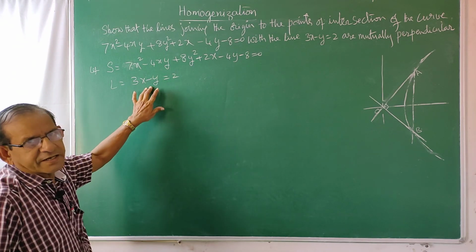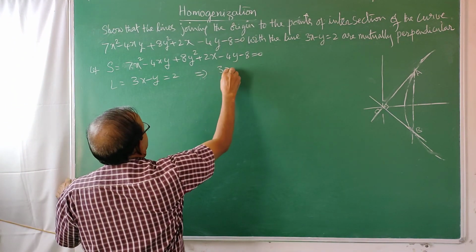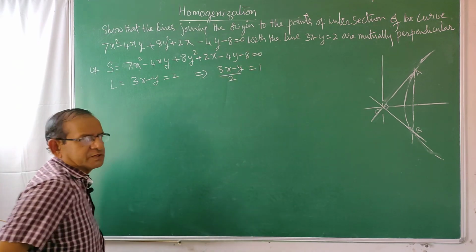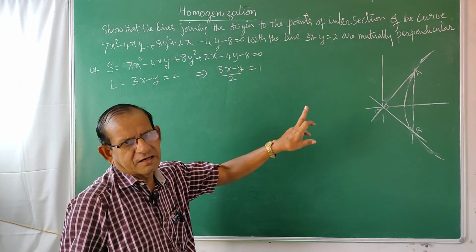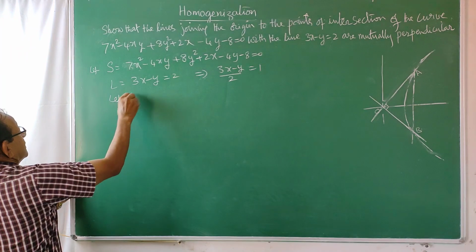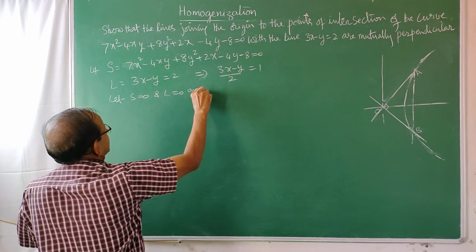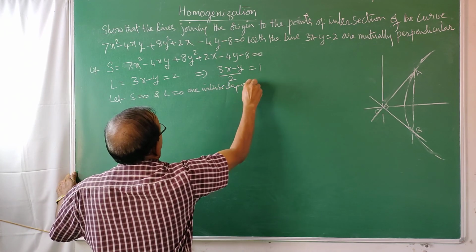First of all, we have to make it equal to 1. This implies (3x minus y) by 2 is equal to 1 by dividing both sides by 2. Now let us assume that the curve and the line are intersecting at A and B. Let S is equal to 0 and L is equal to 0 intersecting at A and B.